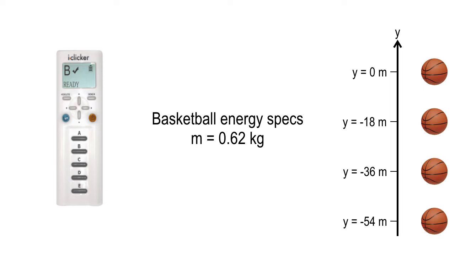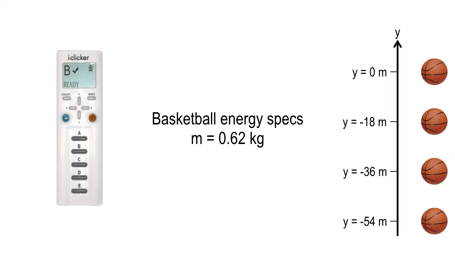I've got the sketch over to the side: straight down free fall from rest, and we're going to calculate after 18 meters of drop, when it has fallen 18 meters.